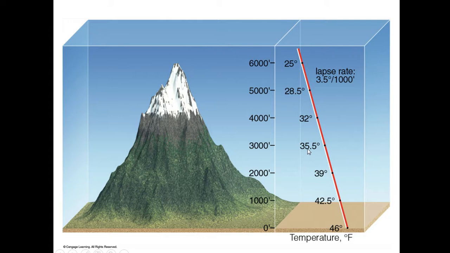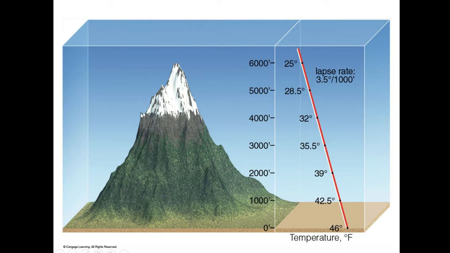And what you see is that once we get to about 4,000 feet, the air has now cooled to about 32 degrees, which is the freezing point of water. So any moisture in the air would have to freeze into snow.